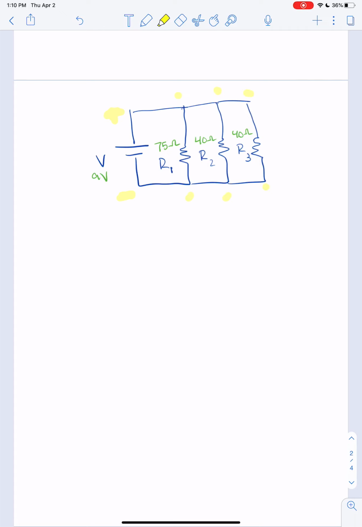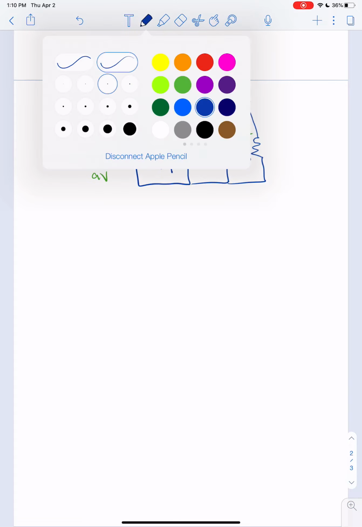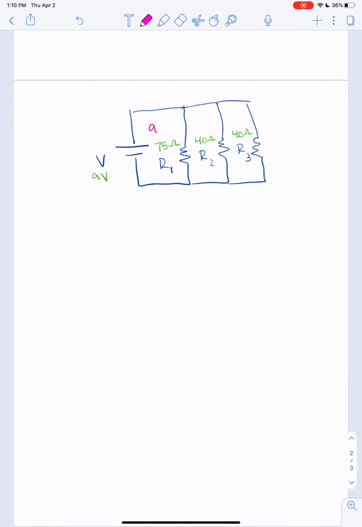So that means that the voltage drop across each branch is going to be the same. Okay, so we get a voltage drop of 9 volts here, 9 volts here, 9 volts here, right? The key idea here is the voltage drop is the same for each branch.